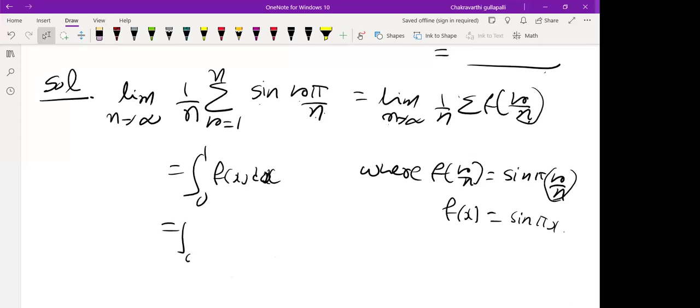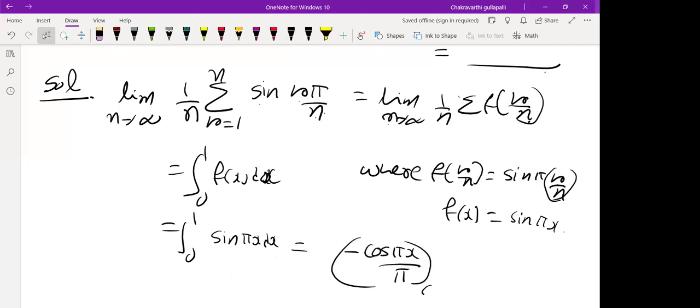So integral 0 to 1 sin pi x dx. What is the integral of sin pi x? Minus cos pi x by pi, from 0 to 1. This is minus cos pi by pi plus 1 by pi. Cos pi is minus 1. Minus into minus 1 plus 1, so the answer is 2 by pi.